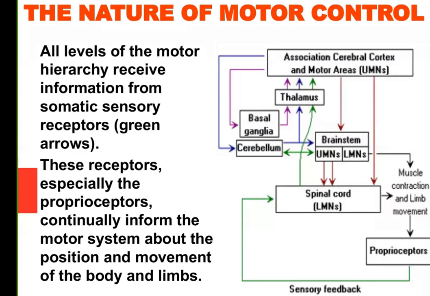What is this hierarchy? You might find in this picture levels of organization. In our central neuron system, brain and spinal cord, we have the cerebral cortex as the top level for regulation.